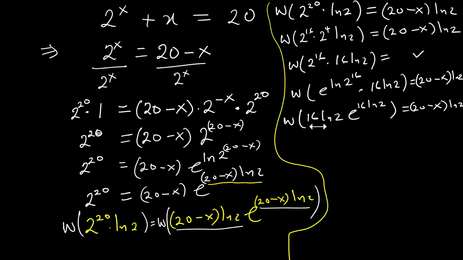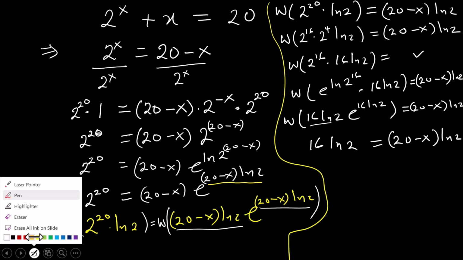So we have what is here, then what is there being equal. When we take the W function of this, I will have 16 ln of 2 equals 20 minus x ln of 2.